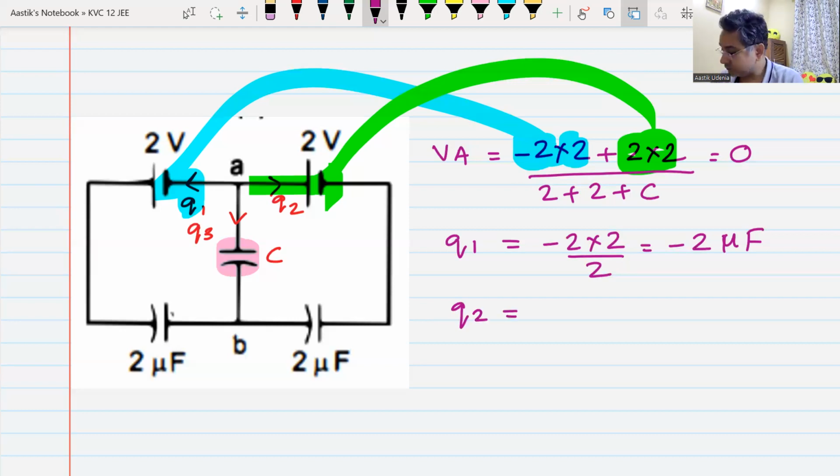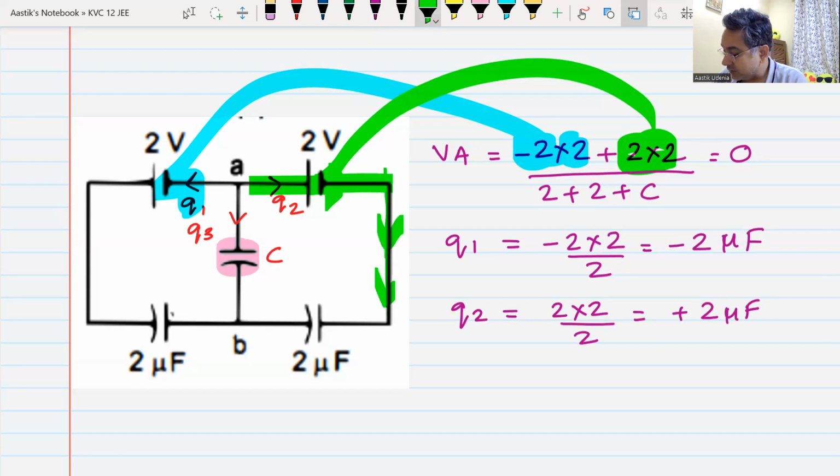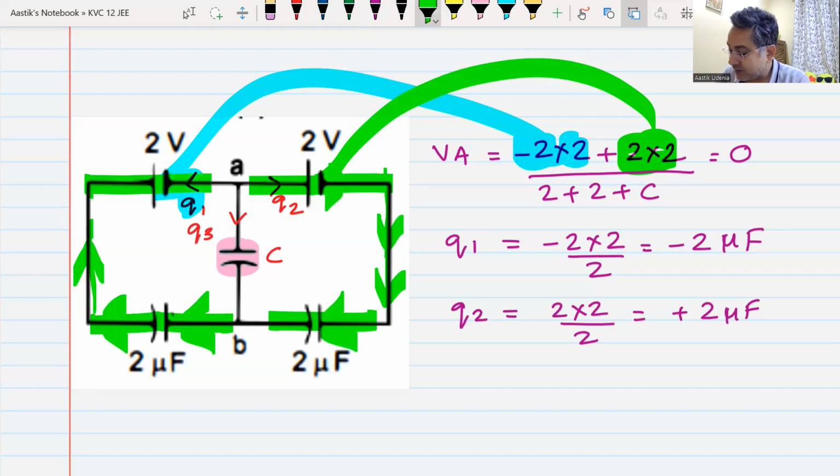Q2. 2 into 2 divided by 2. So it is +2. So basically what is happening here is this charge, the green charge, is going like this. So this is how charge is flowing.